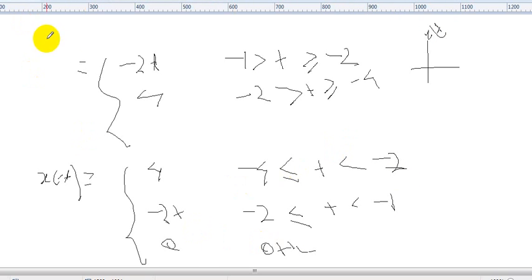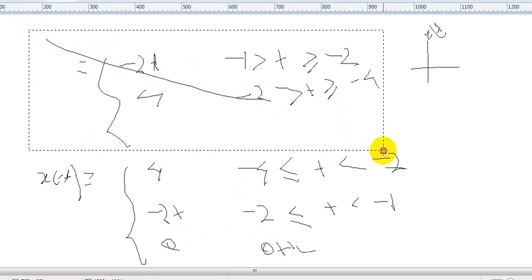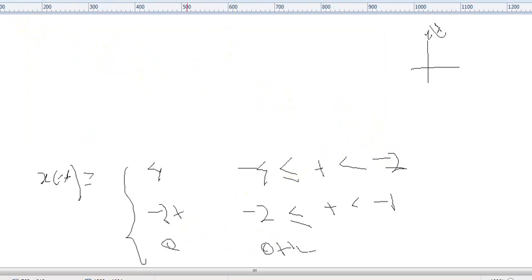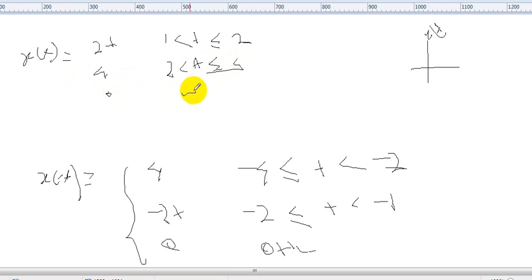The actual signal was x of t equals 2t for 1 less than or equal to t less than or equal to 2, and 4 from 2 to 4, 0 otherwise.